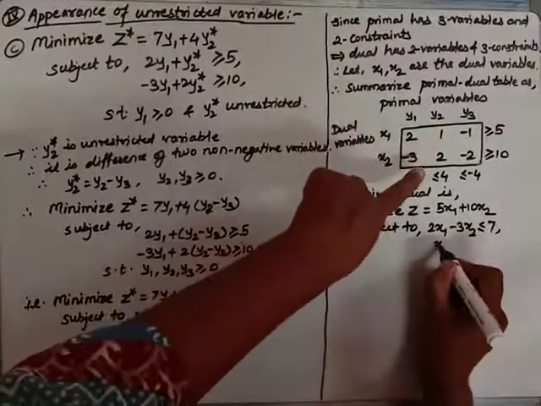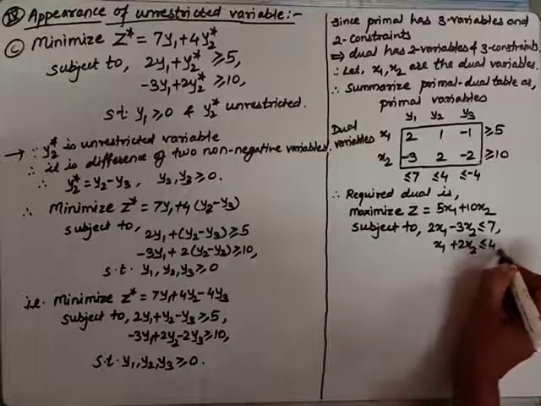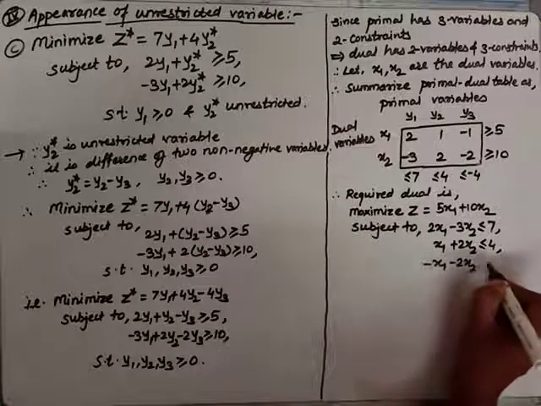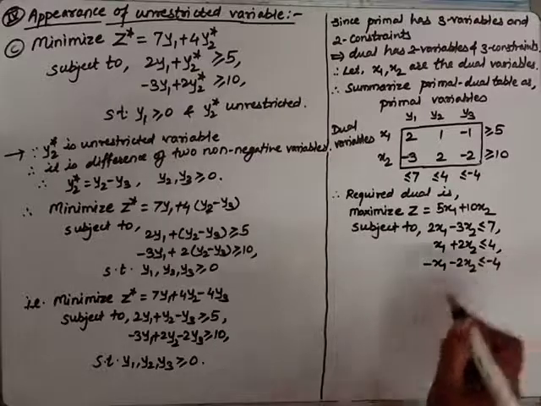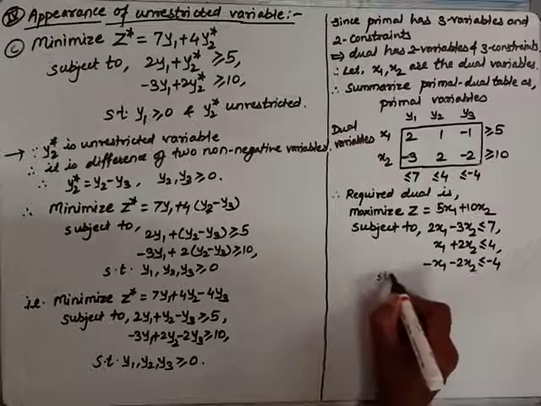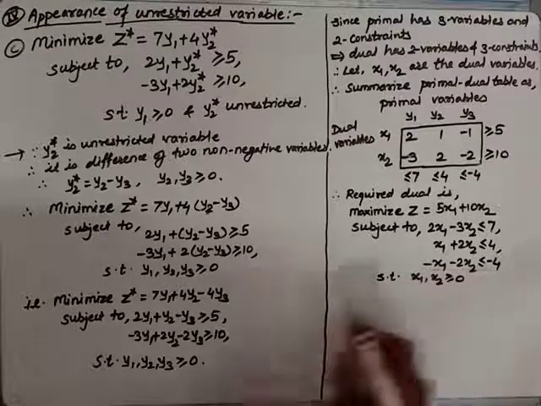Then x1 plus 2x2 less equal 4. Then minus x1 minus 2x2 less equal minus 4. Now here such that x1, x2 greater equal 0.